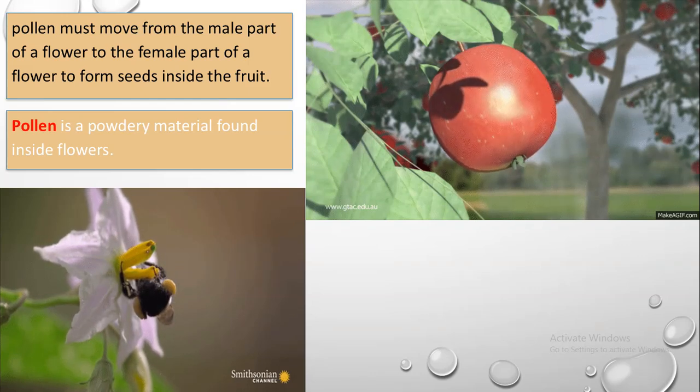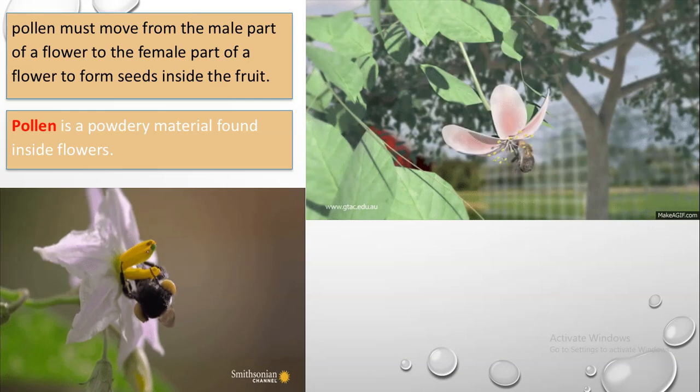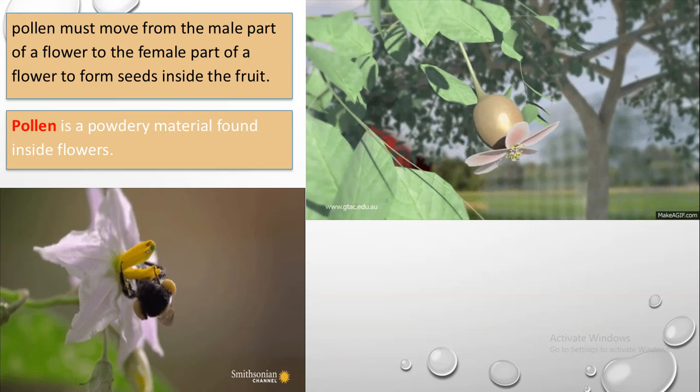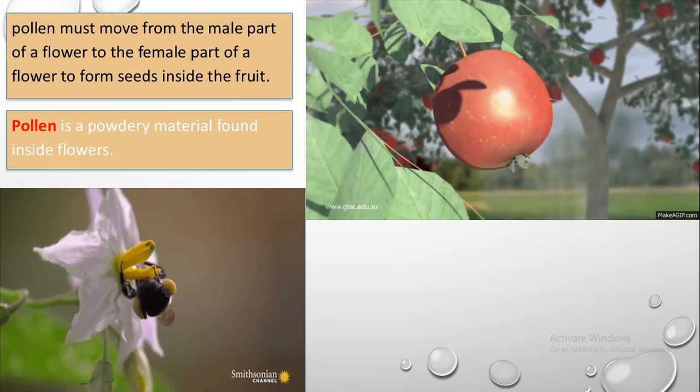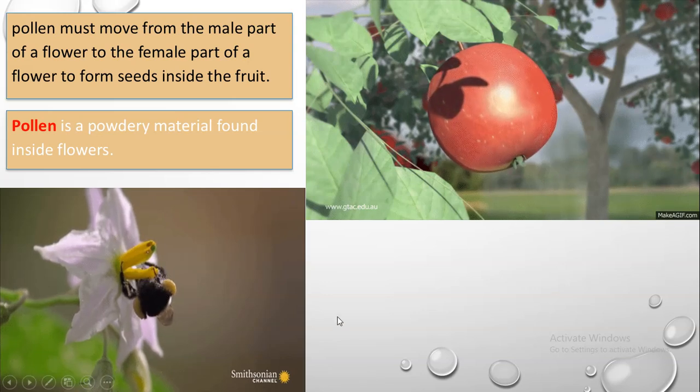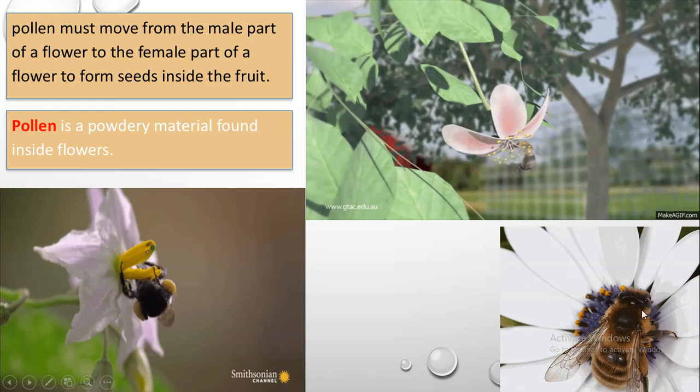Now this pollen must move from the male part of a flower to the female part of the flower to form seeds. Now look at this picture here.